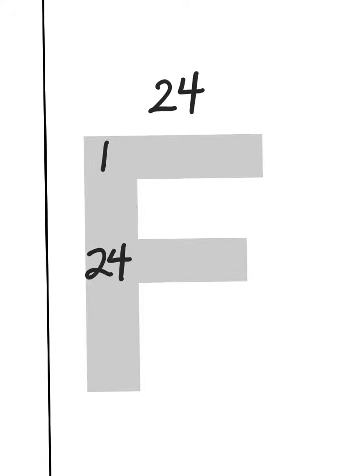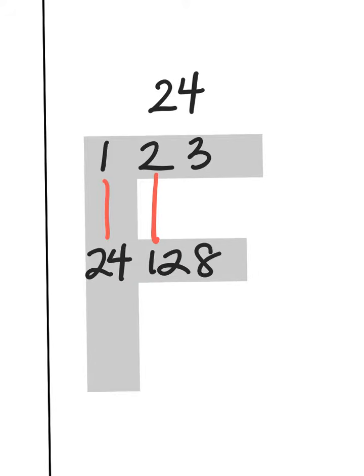Then we've got 2 and 12. Just keep them together and draw lines in between them. We have 3 and 8, and 4 and 6. I don't think we have any others. Because you could keep going to 6 up here, but then you're repeating what you have down here. So those are all of your factors.